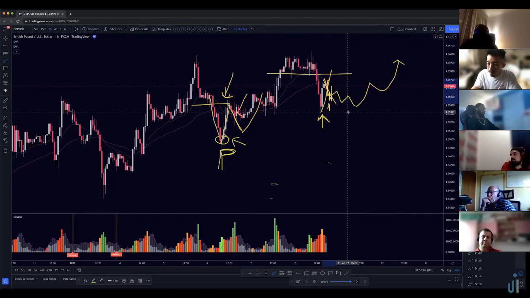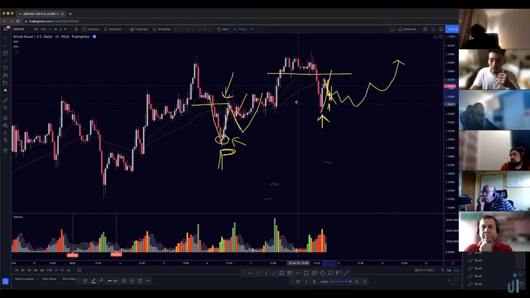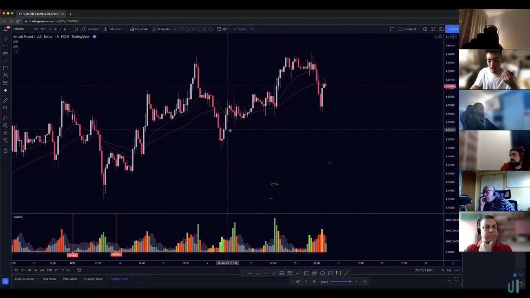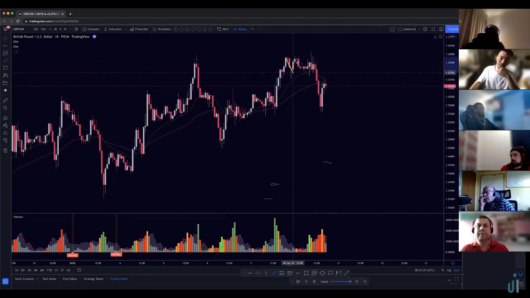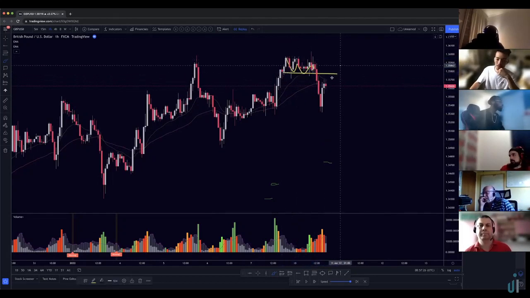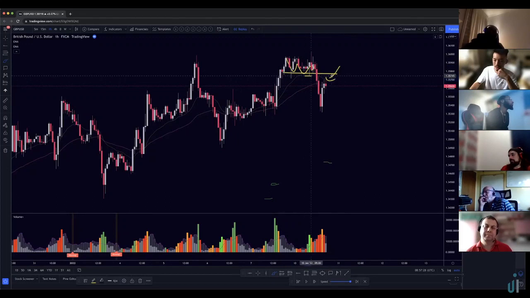It shouldn't break levels to the downside. It should only try a little bit and go from that level to another level all the time. Yeah, at this piece of the story. But again, I understand because this is a range as well, so you would be concerned. So getting out here would be logical.